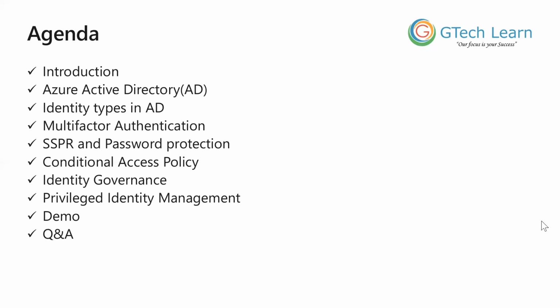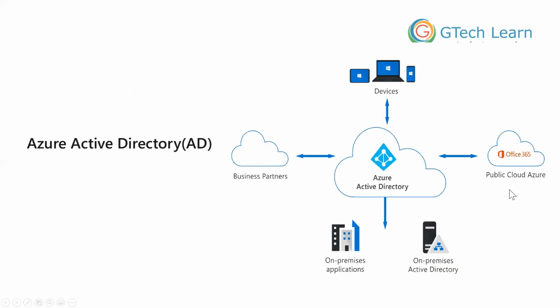So the first thing is Azure Active Directory. Azure Active Directory is Microsoft's cloud-based identity and access management service. Basically, organizations use Azure Active Directory to enable their employees, guests, and other users to sign in and access the resources they need.